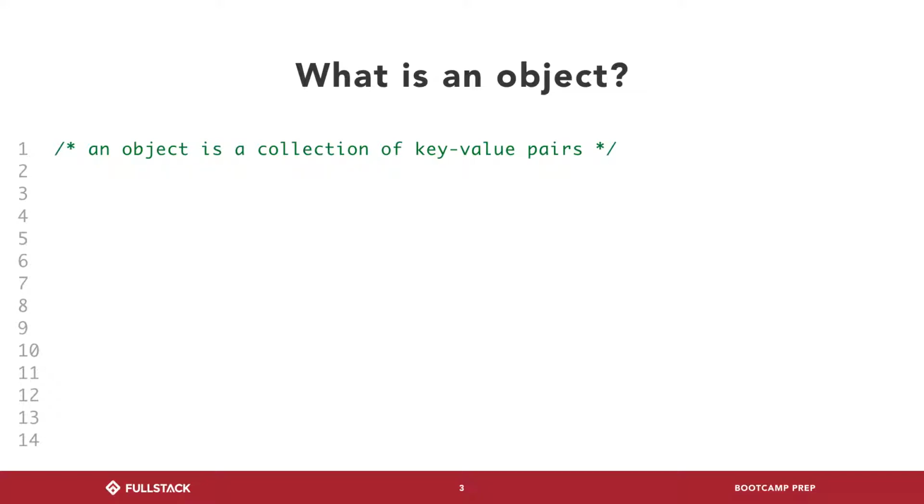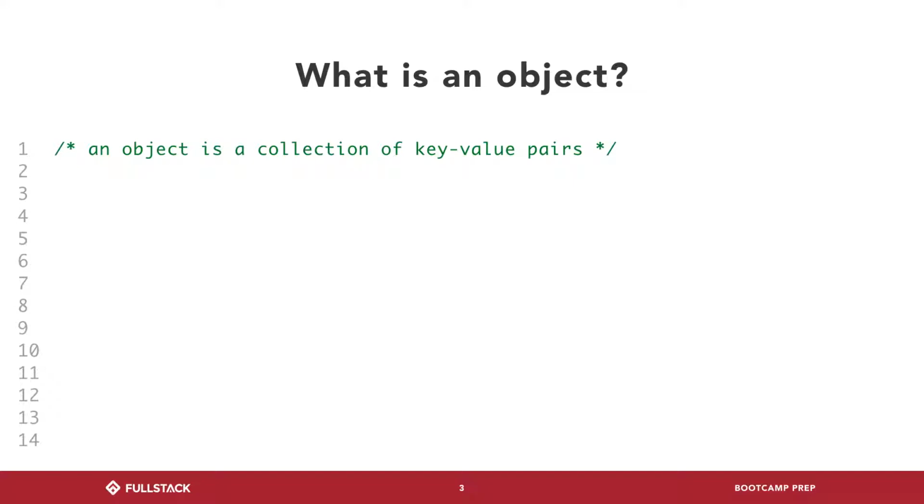And in fact, that's kind of the thought process behind objects, right? For the first one we say that an object is a collection of key value pairs. You can almost think of it as a collection or a list, so to speak, of words and the definitions, right? In this case, the word would be the key, and the definition is the value, right?